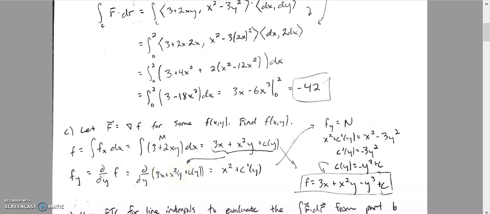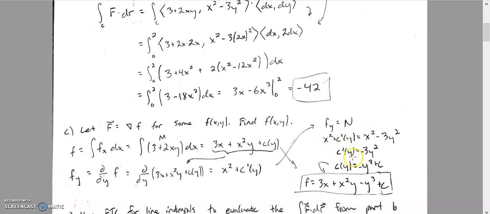And this gives me x squared. So I get x squared plus c prime of y. Now this is where I match this with the partial y that we have here. Because remember, we want del f to be the vector field, and f sub y is n. So I'm going to take this, which is my f sub y that I've just found, write it right there, and then write the n component of the vector field here. And this allows me to solve for c prime of y.